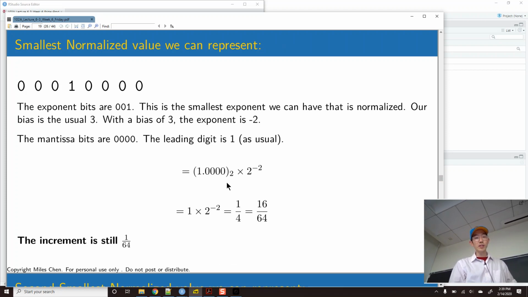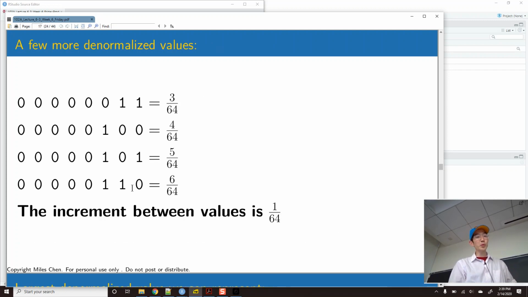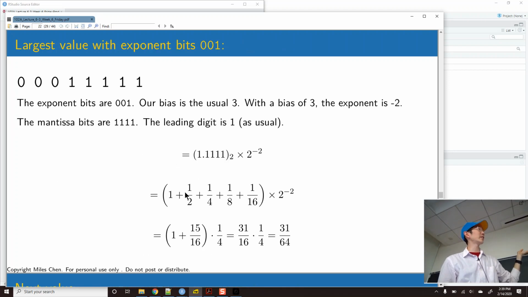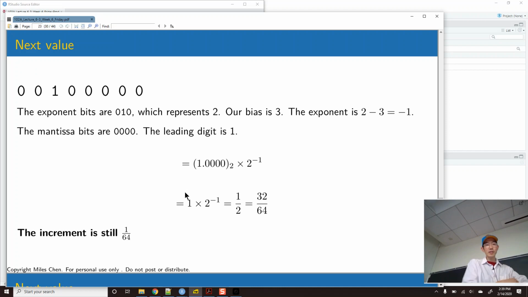This is 16, and we're at 16/64ths, right? And basically up to this point, we've been counting up by 64ths, right? It's just like take this binary and then just put it over 64, okay? And so we're here, and then we're at 31/64. Here we're at 32/64.